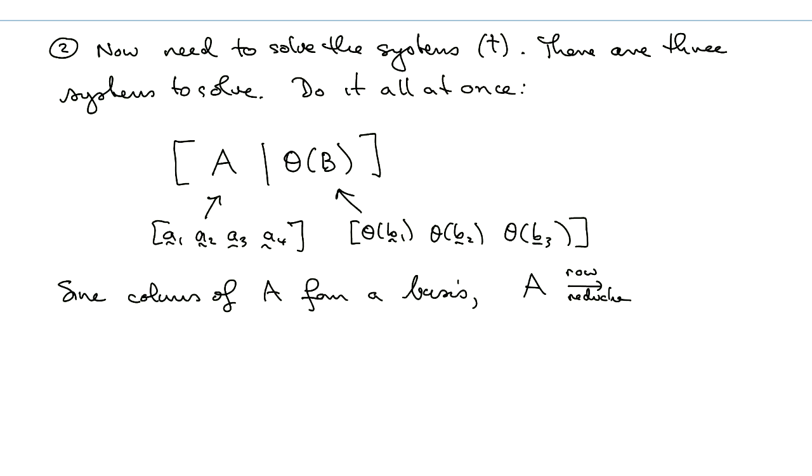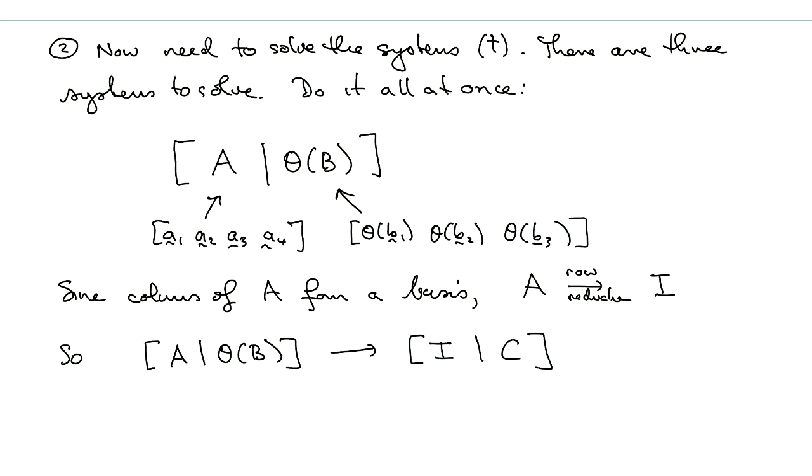So that's something you would have discussed last year and we'll touch on a few more times in this course. And so we already know what we're expecting to see here. We're expecting to see, after our row reduction, reducing down to the identity, and then something here. And then by solving the equations, well, we don't even have to do back substitution. This is just identity equals this. So our coefficients are exactly this matrix C. So our C_ij's that we're trying to find are precisely the entries of this matrix C.